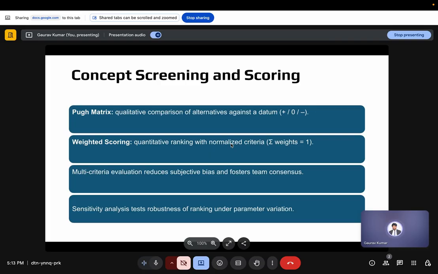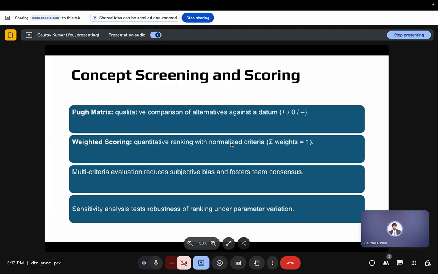Following the qualitative screening, the weighted scoring method provides a quantitative foundation for decision making. Each evaluation criterion, such as cost, performance, reliability, and usability, is assigned a weight proportional to its importance.